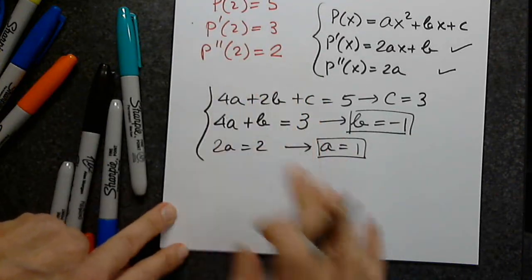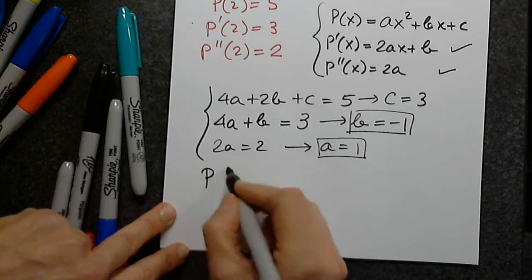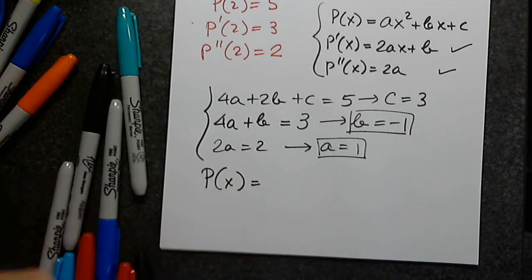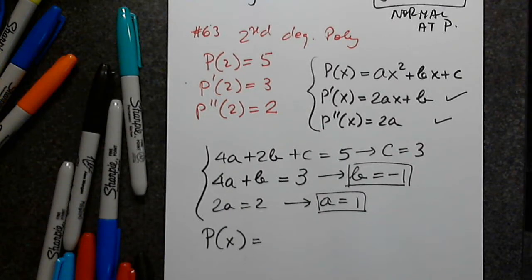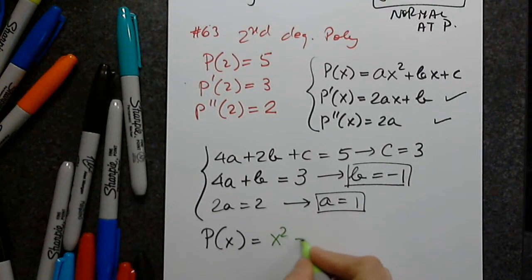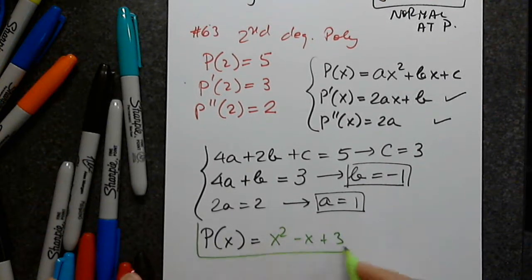So given the information and the given conditions, we were able to construct the unique polynomial, the only one polynomial that fulfills the given conditions. Can anyone dictate? This is the only one that fulfills the given conditions.